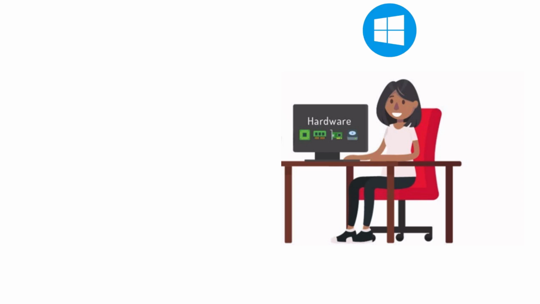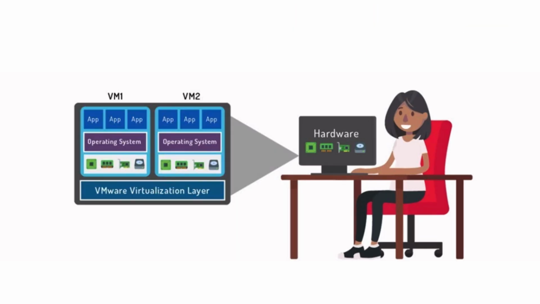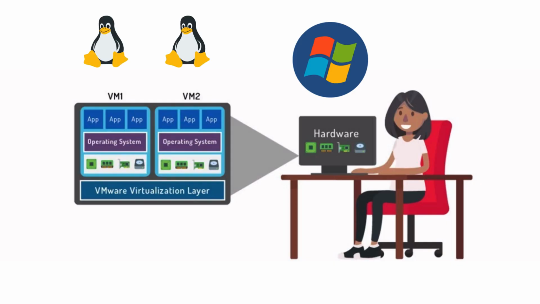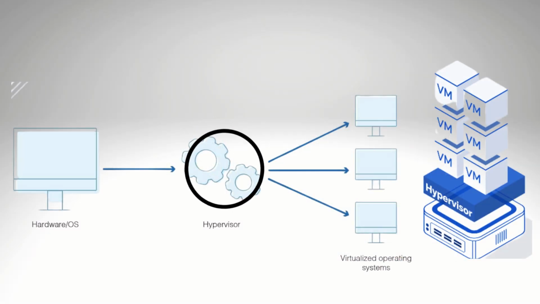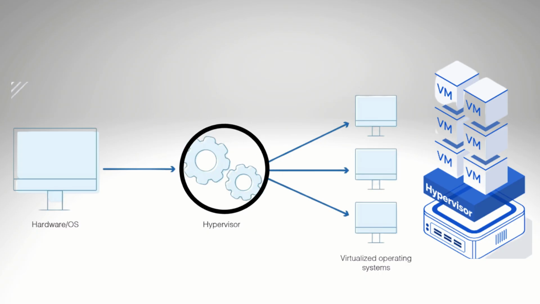This could be a Windows OS or a Linux OS or any other operating system. With virtualization, we can create multiple virtual machines on our laptops. So even though your laptop runs Windows, you can have a virtual machine on it that runs Linux. It's like a virtual laptop within your laptop. This is made possible by what we call a hypervisor, which is installed on the bare metal of your laptop.